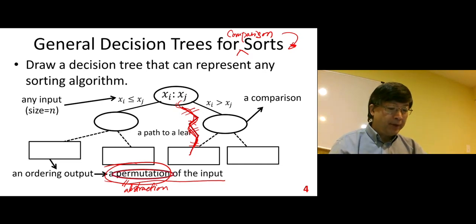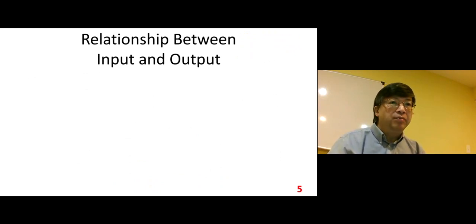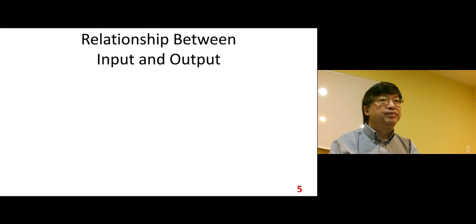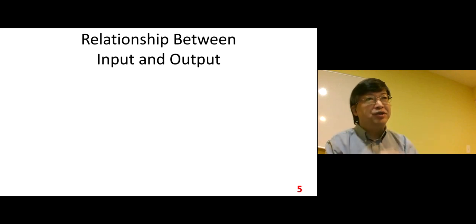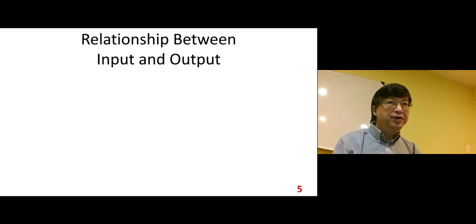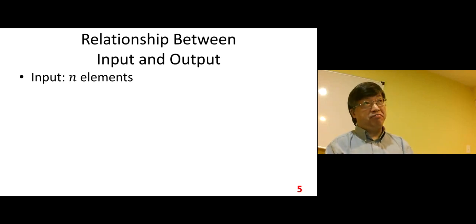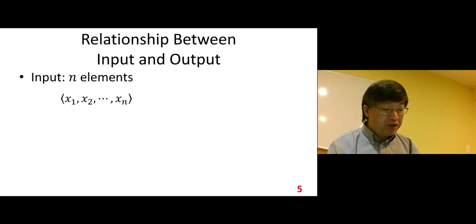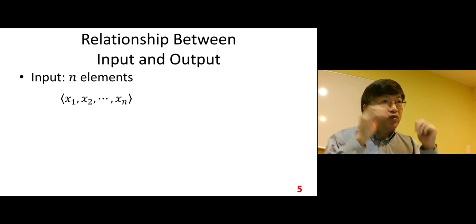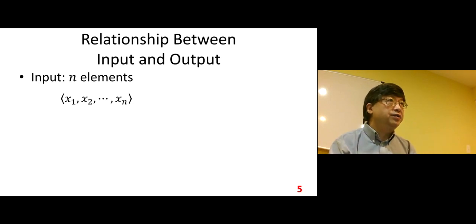Next, the relationship between input and output. We need to study that relationship in order to extract some valuable information. Our input is n elements, arranged as x1, x2 through xn.